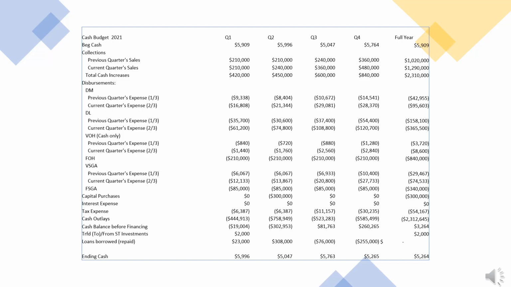We come to the capital purchase of $300,000 in the second quarter. We're paying cash for that, but we're not putting it into service until the following year for depreciation purposes. We've chosen to ignore interest expense. Our taxes: now remember, we carried $63.87 into this year as a tax payable from the previous quarter. You can find that number on the end of year trial balance from 2020.